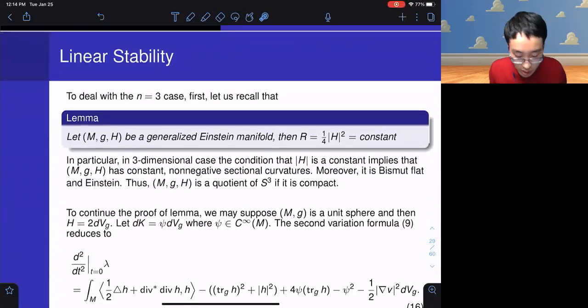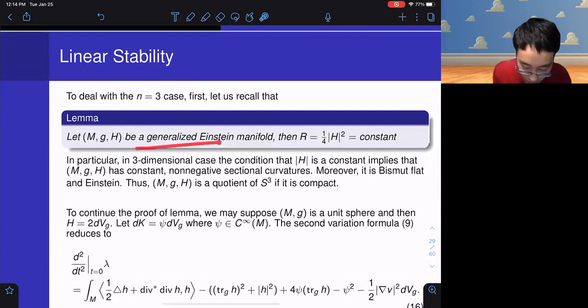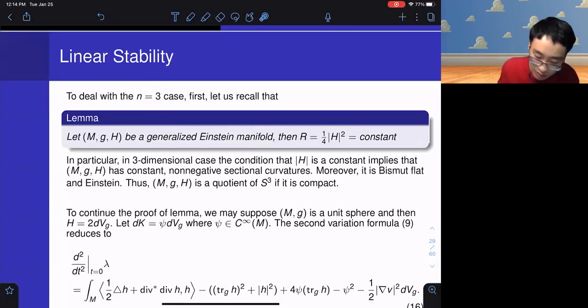Before that, let me recall that when n is 3, this is really special, because in the generalized Einstein manifold, our scalar curvature and S squared are constant. So when n is 3, our generalized Einstein manifold is nothing but S3. Okay, we only have S3.